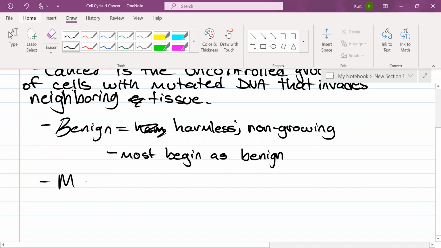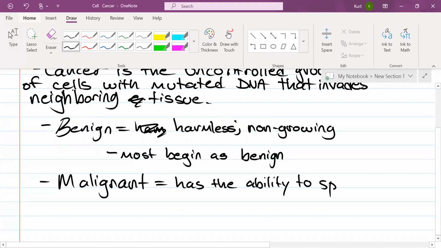And then we have malignant. Malignant means it has the ability to spread. So if I looked at this little mole 2 years from now and it has spread, it might be malignant.